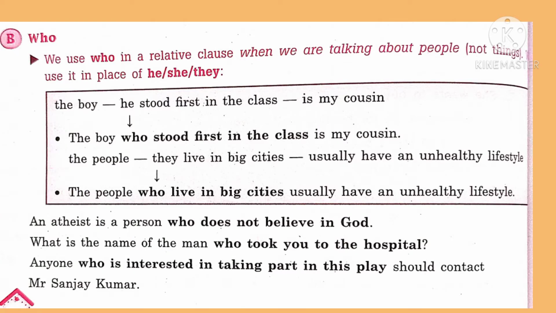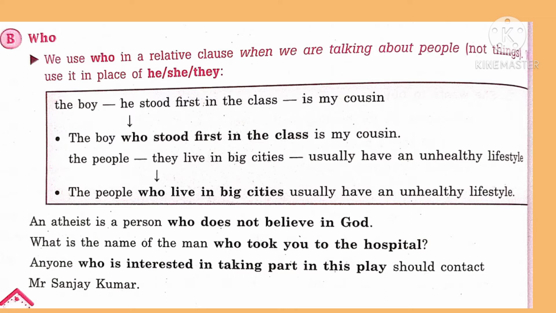So now let us understand when do we use who in relative clause. We use who in a relative clause when we are talking about people and not things. हाँ children, हम सिर्फ इंसानों की बात कर रहे होते हैं. We talk about people, then we use who. We use it in place of he, she or they.